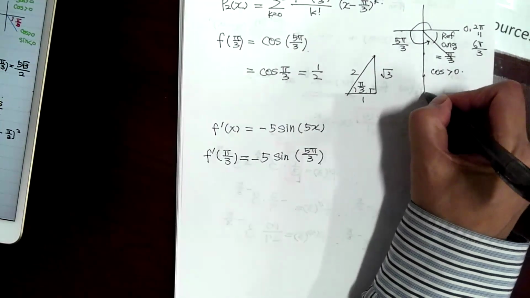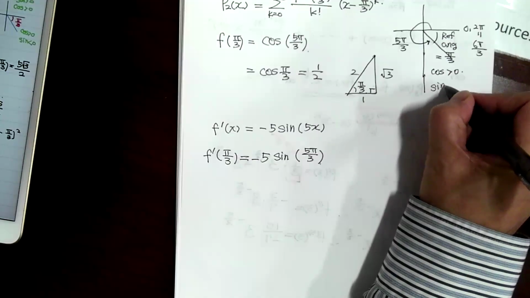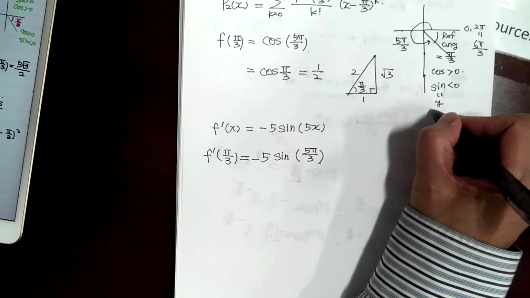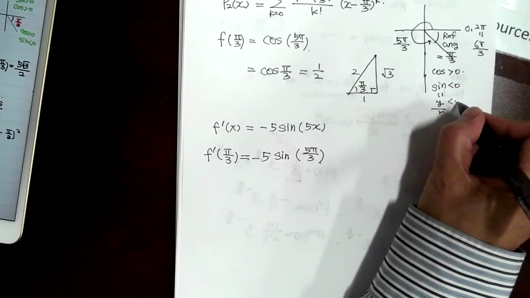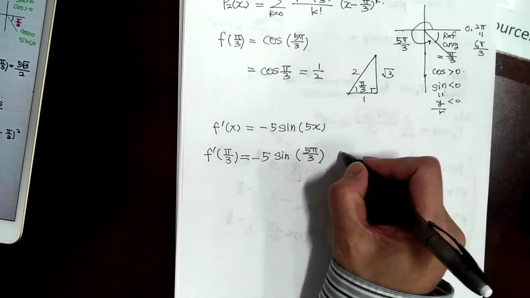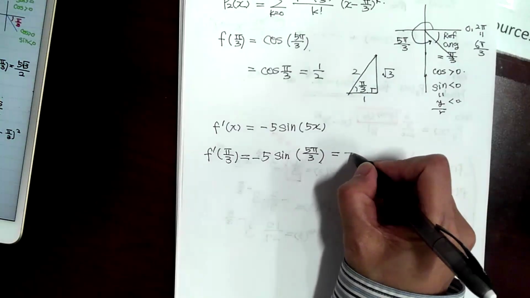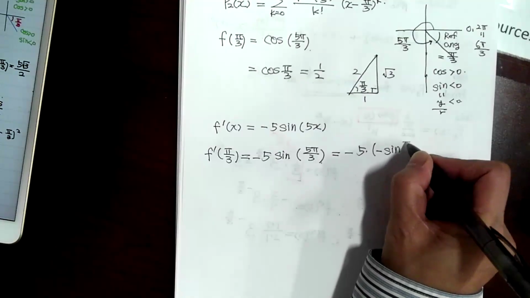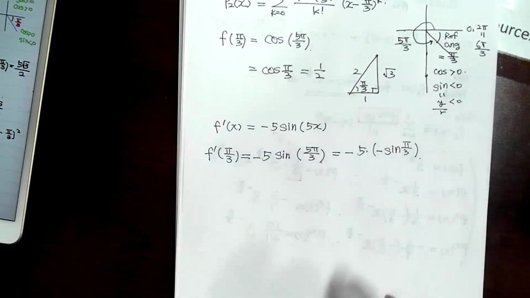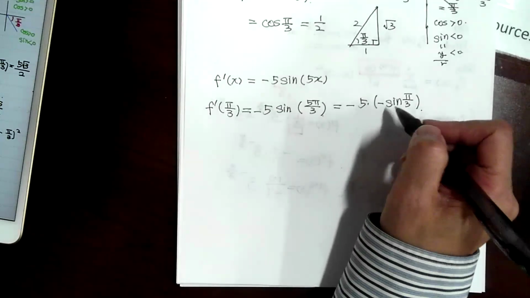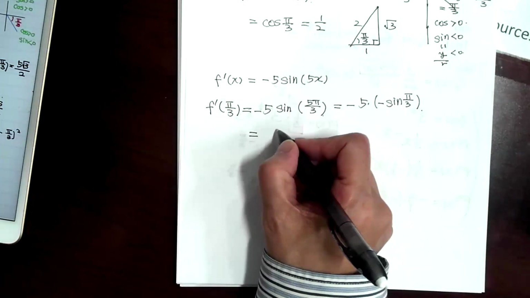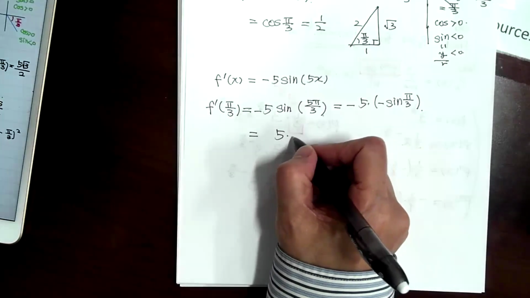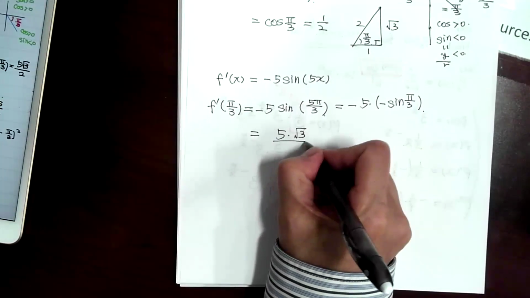In the fourth quadrant, sine is negative because it is defined by y over r. Y is negative, so sine is negative. So this equals minus 5 times minus sine of pi over 3. Minus minus becomes plus, so 5 times sine of pi over 3, which is 5 square root of 3 over 2.